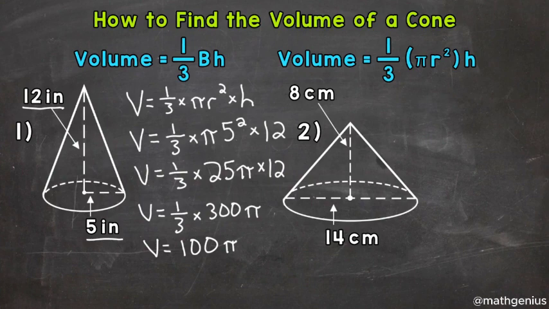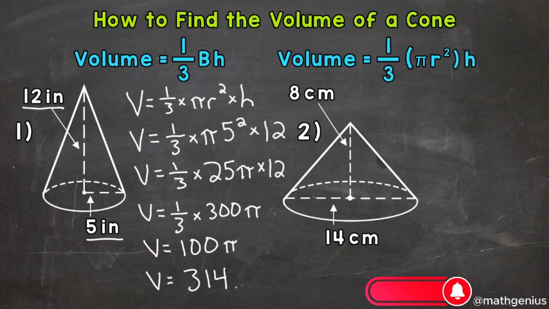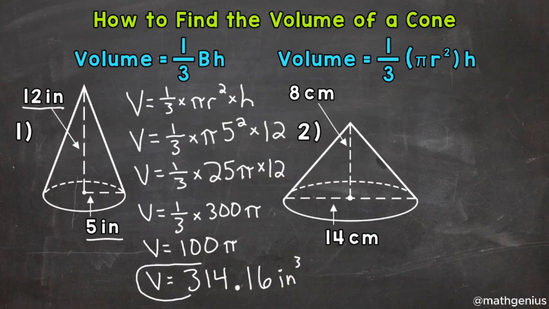So again, I'm going to use the pi button, and we get volume equals 314, and I'm going to round the decimal to the hundredths place, so we get 16 hundredths. So 314 and 16 hundredths, or 314.16, and this is cubic inches because we're talking volume. So that's our final answer right there.